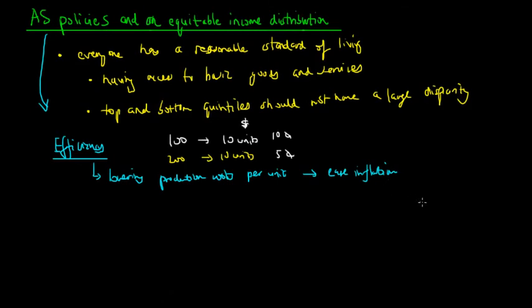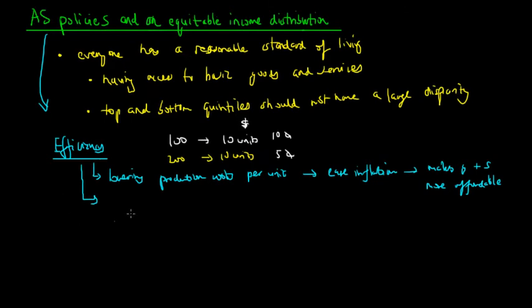So by easing inflation, the purchasing power of those in lower income brackets has increased, and that makes goods and services, which I denote G&S, more affordable. That is the first channel through which efficiency helps this equitable distribution of income.